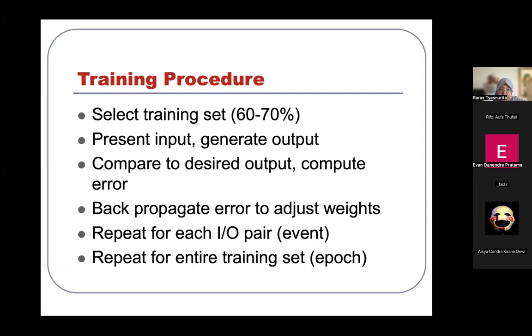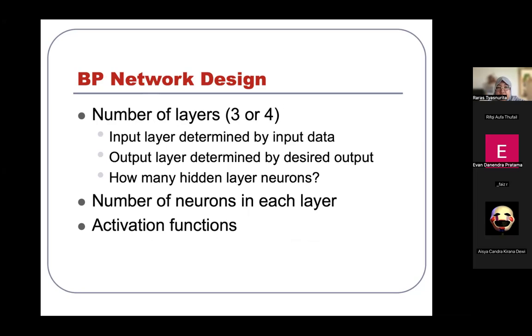You compute the error, and then you back propagate the error to adjust the weights. Then you repeat this process on every pair of input and output, every event, every data point, and then you can repeat for the entire training set. For example, if the apple is 10, you will repeat it 10 times.